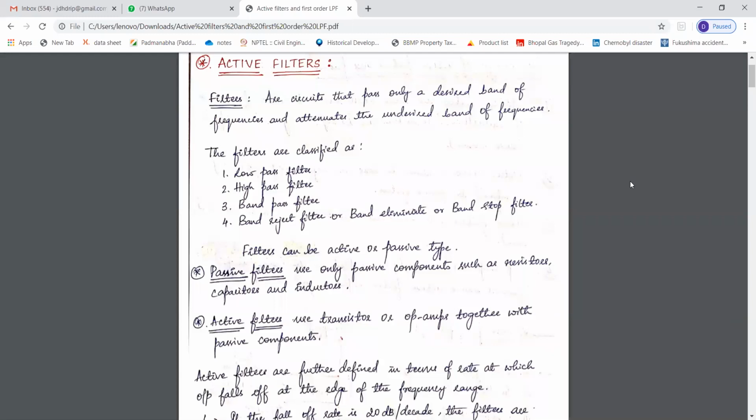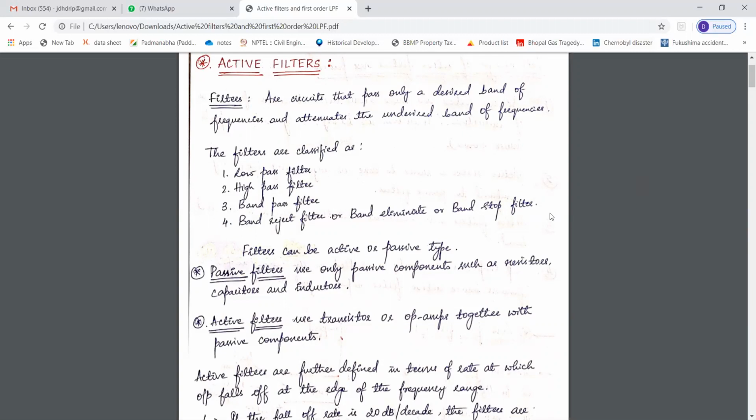A filter is an electronic circuit that is designed to pass only a desired band of frequencies and attenuate the undesired band of frequencies. These filters can be classified as analog or digital, and analog filters can be passive or active.